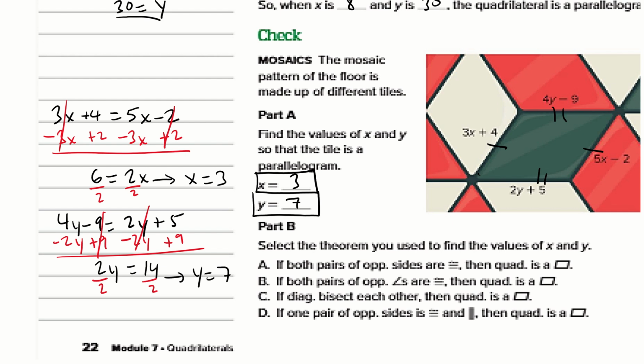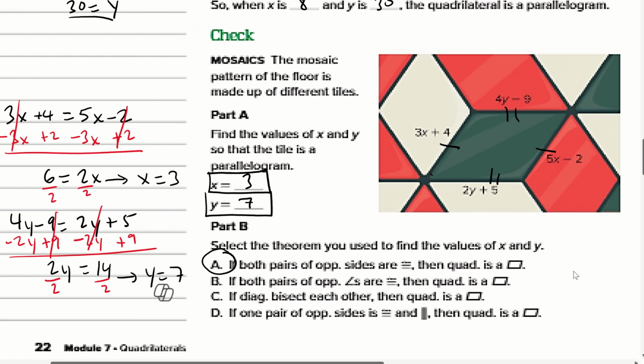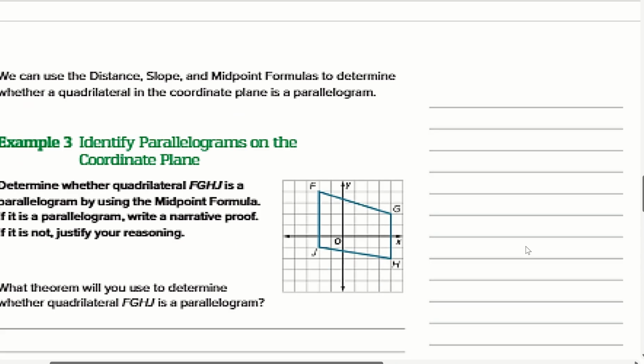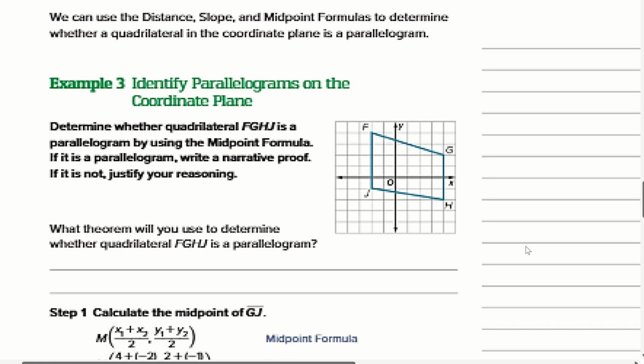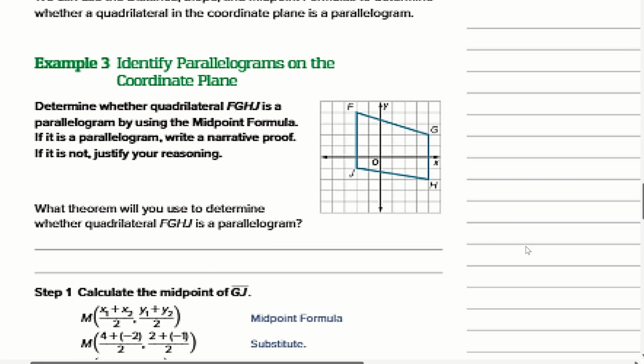All right, so what we use is that if both opposite sides are congruent, then the quadrilateral is a parallelogram. And if you recall, that was theorem 7.9. All right, so let's look at the last example for the lesson. Really quick lesson today for this one.